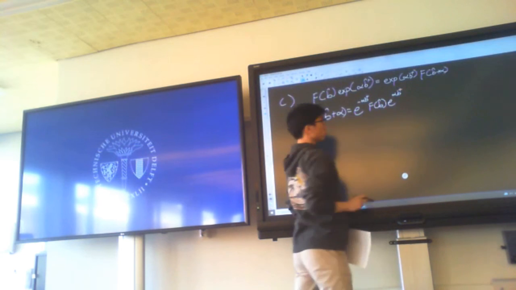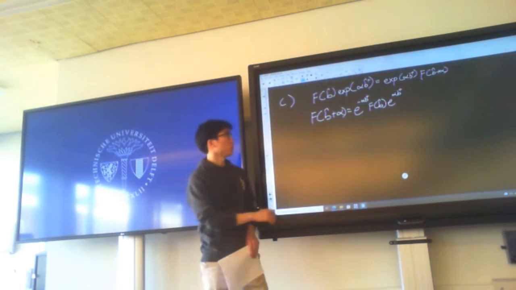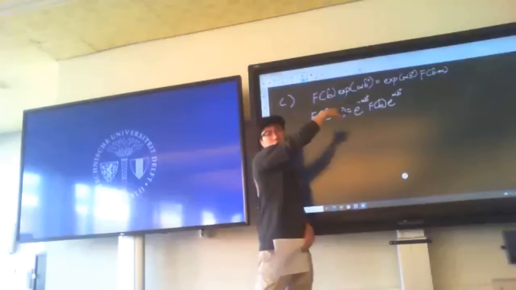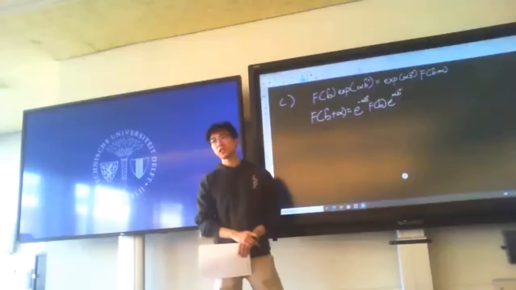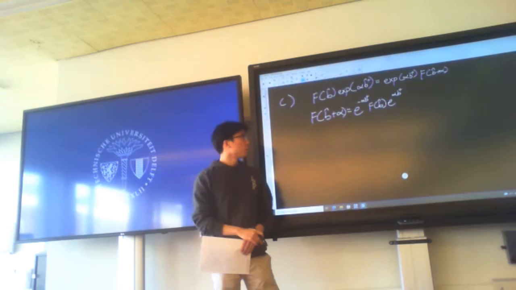To some of you, this expression might seem familiar. These exponents with an operator in the exponent, you commonly see them as propagation or time evolution operators. So to some of you, this might be familiar. So what do we do now?